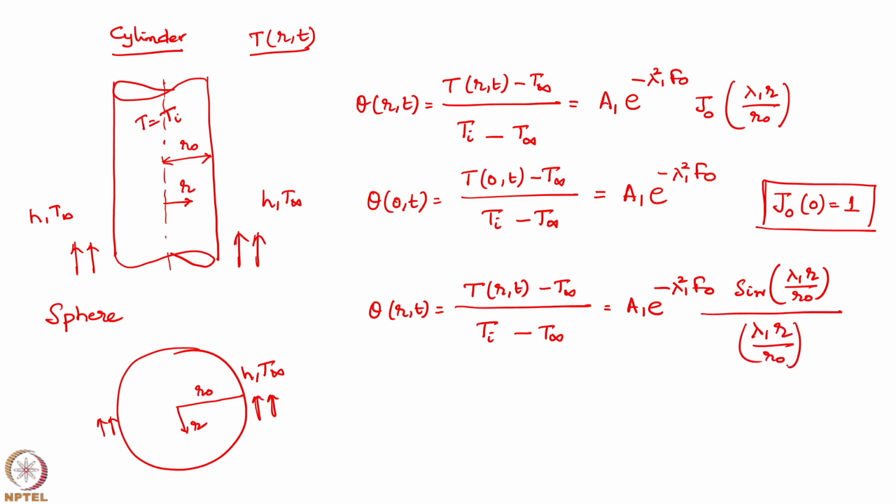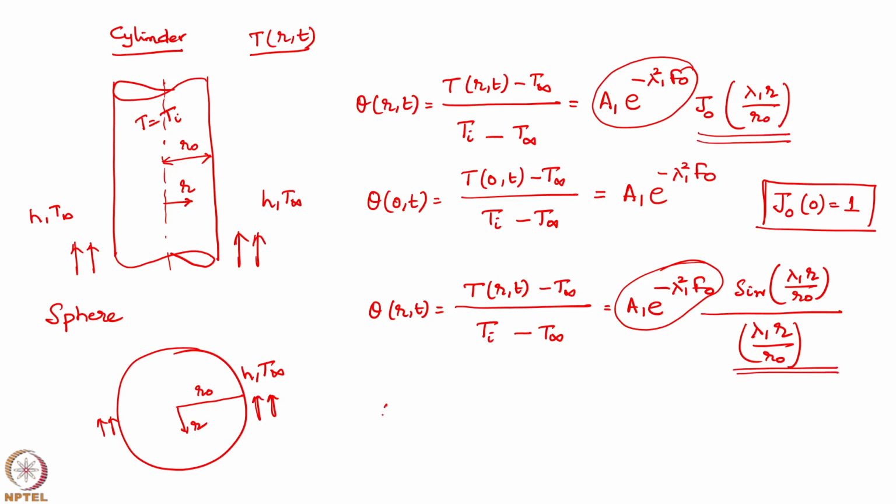You see something very interesting here. The temperature variation with time is always exponential, whether it is plane wall or cylinder or sphere. Only the space variation function is varying. Please note that.